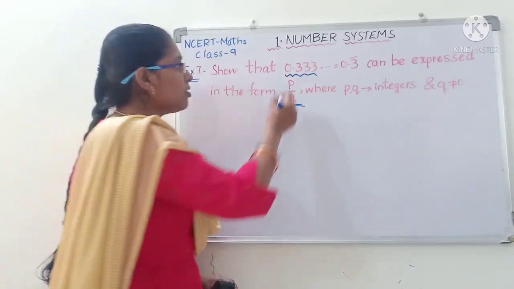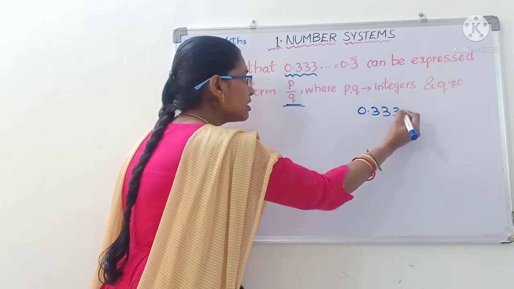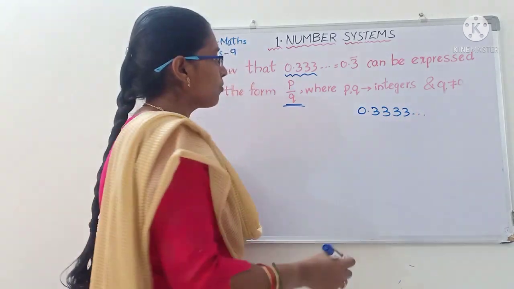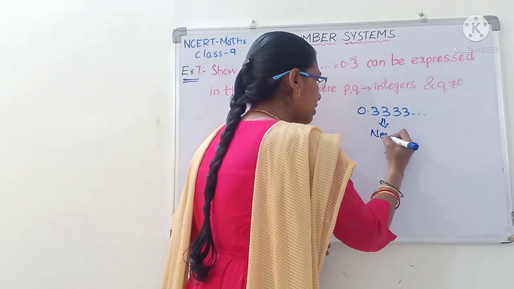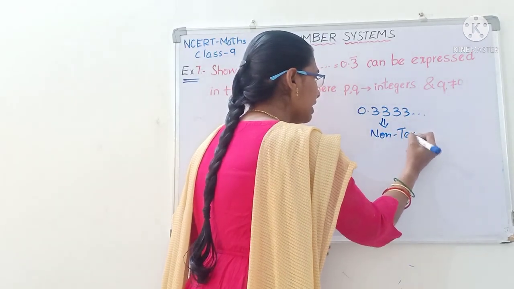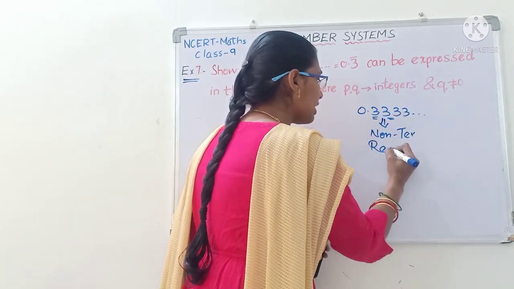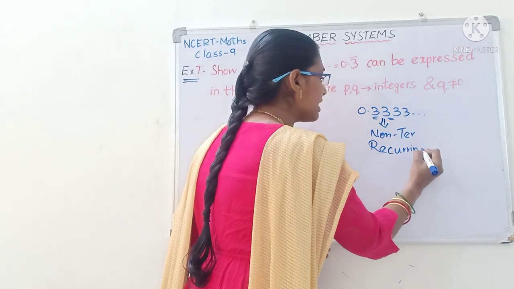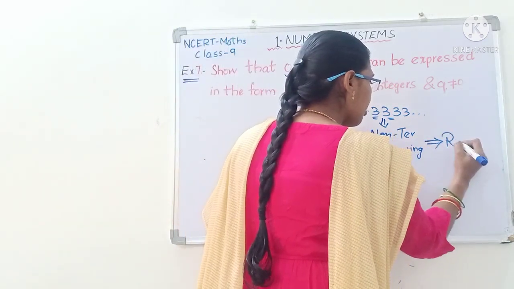Children, observe this. 0.333 and so on. What is this? It is non-terminating and recurring. Digit 3 is repeating. So it is a non-terminating recurring decimal expansion. That means it is a rational number.